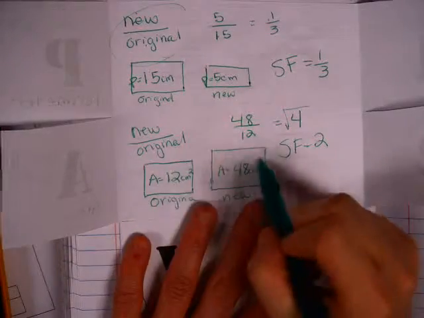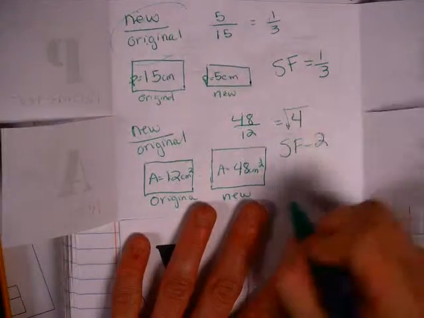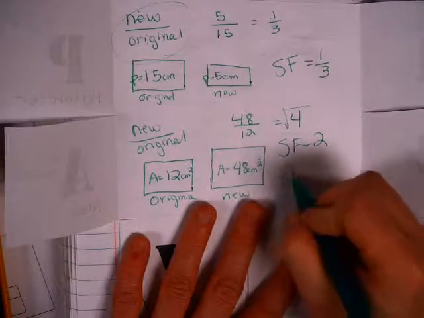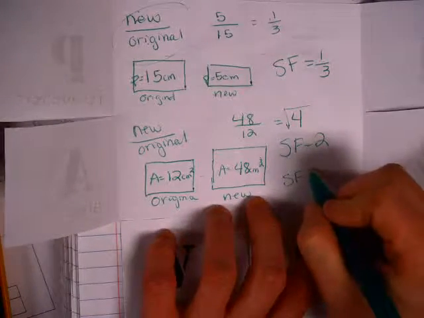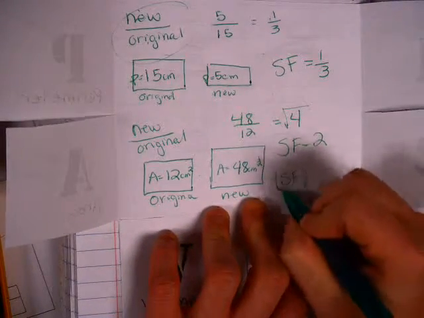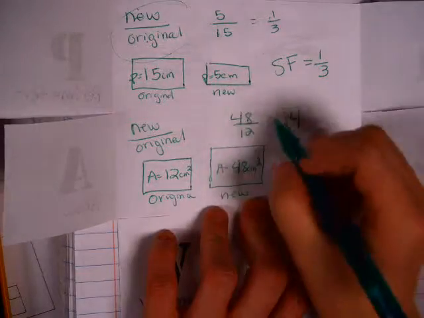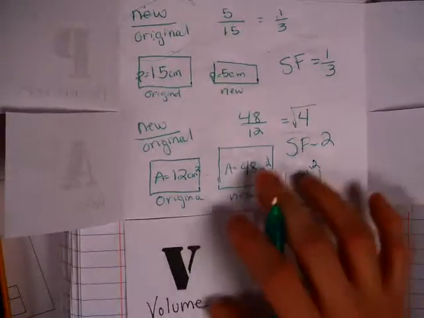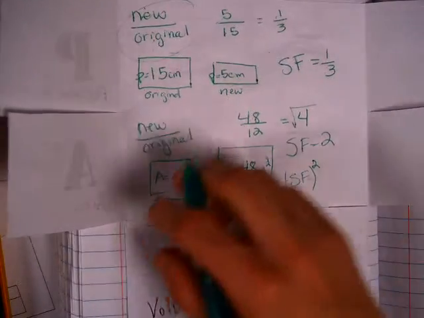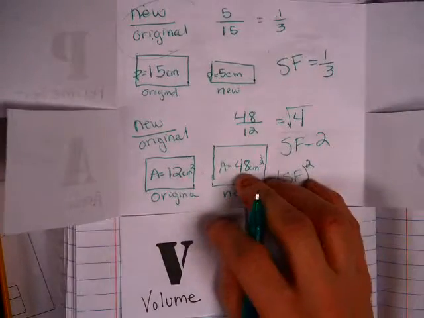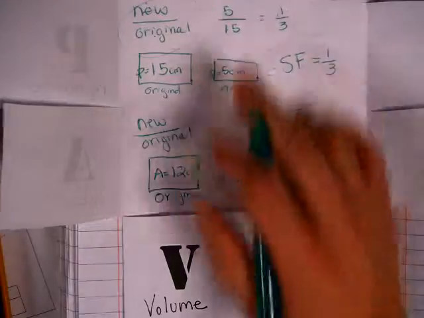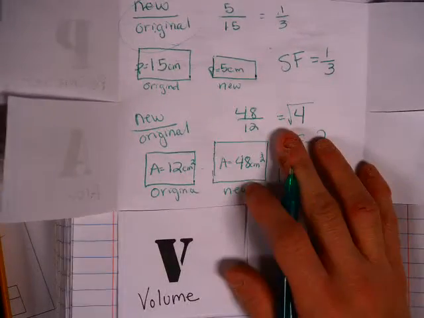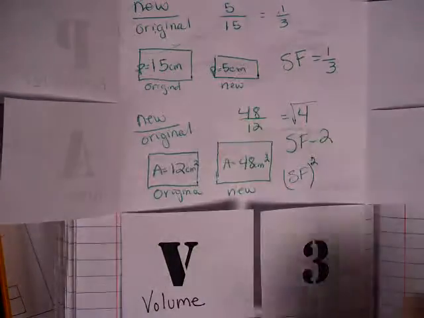Because this has doubled in size, but when you're multiplying by a scale factor, it is scale factor squared. So to work backwards, you have to find the square root of 4. Okay, I know this is very confusing. I will clarify and I will make this a little bit better. But for time's sake, we're just going to have these notes written down, and I will help you.